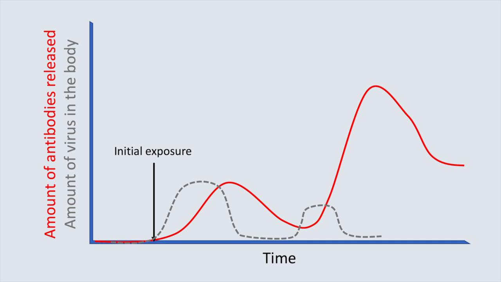That initial exposure is going to lead to a rapid increase in the amount of virus in the body. In response to that virus, as we talked about, those naive B cells will recognize, they'll divide, and we'll see our plasma or our activated B cells start releasing antibody. And so we see this nice big peak in red, this first peak, showing an increased amount of antibody, which will lead to the destruction of those viruses, and that gray dashed line goes back down.